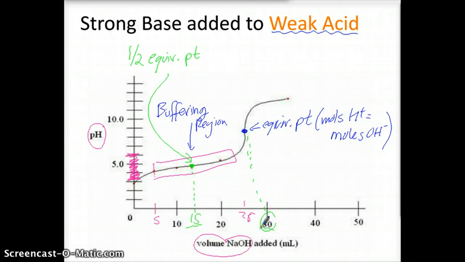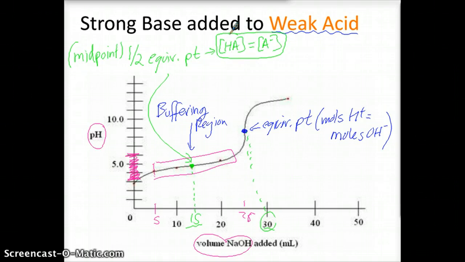But also, the special thing about the half equivalence point, which is also sometimes called the midpoint, is that the concentration of the acid is equal to the concentration of the conjugate base. These concentrations are equal at the half equivalence point.